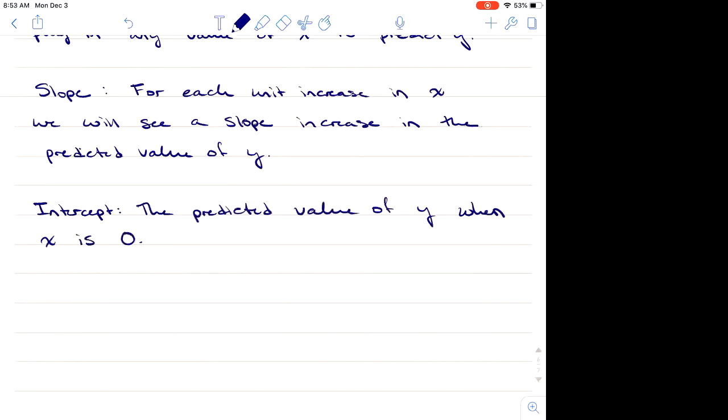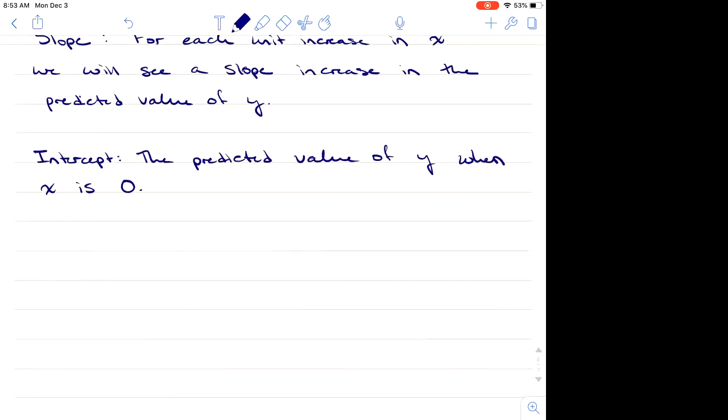I'll always ask you if it's meaningful. Okay, so I'll always ask you, is it meaningful? What I mean by that is, if you know that the predicted value of y is 4 when x is 0, right?